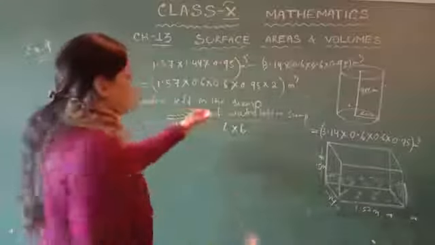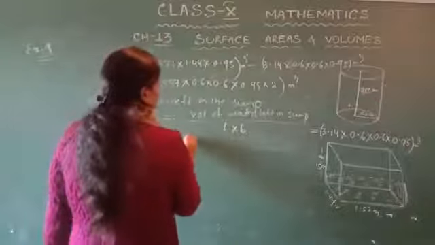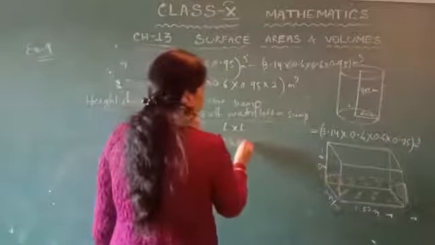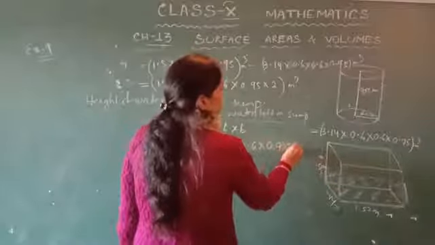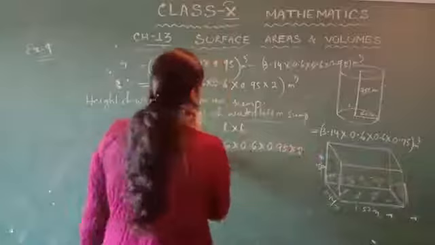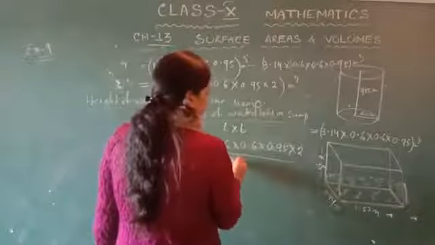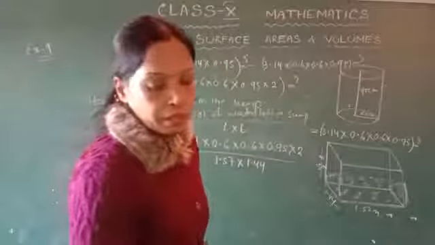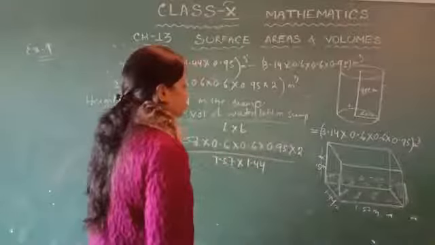So in this, okay. So then here you will write what? Now 1.57 into 0.6 into 0.6 into 0.95 into 2 divided by length into breadth, that is 1.57 into 1.44. Okay, so that means here 1.57, 1.57 cancel.